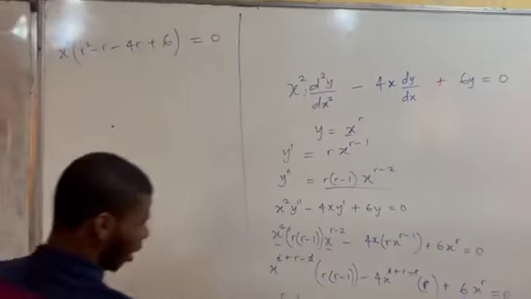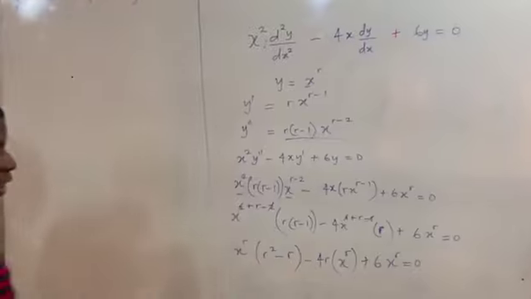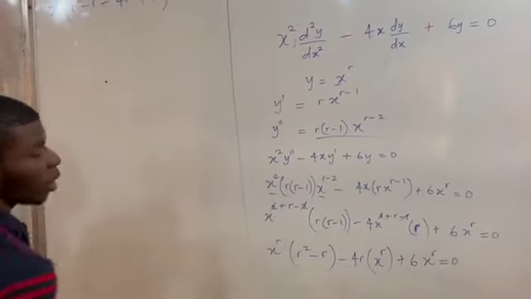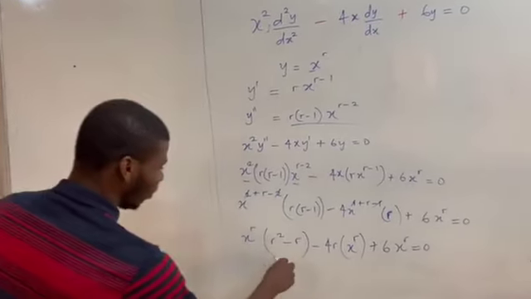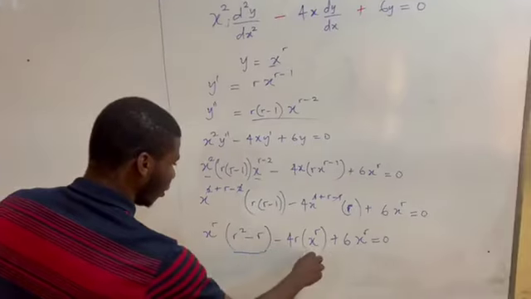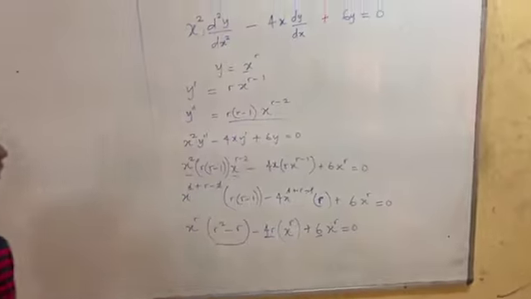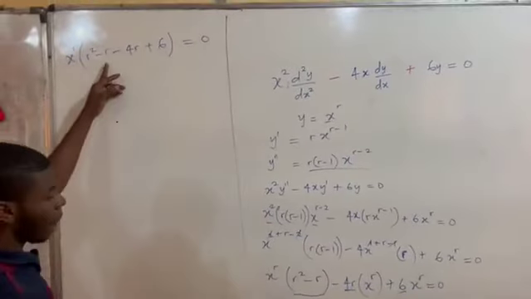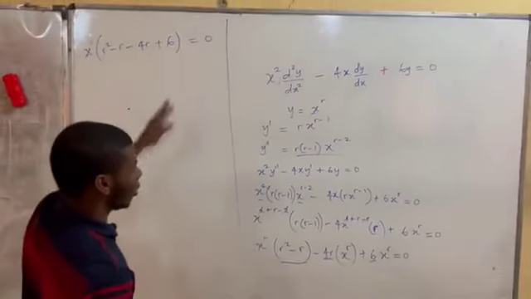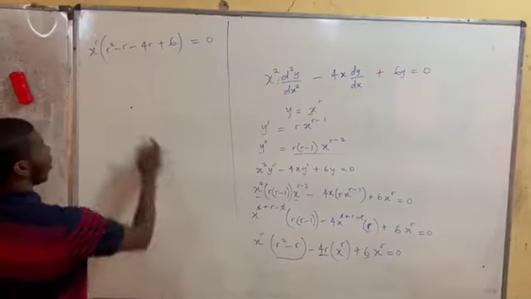From this line, we can see that x to the power of r is common. So what I just did is combine everything: r squared minus r minus 4r plus 6, then multiplied by x to the power of r.